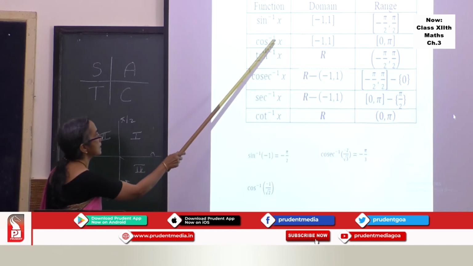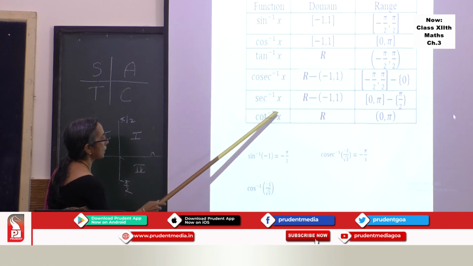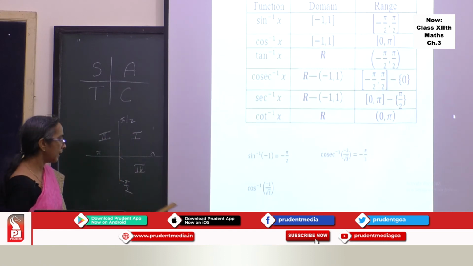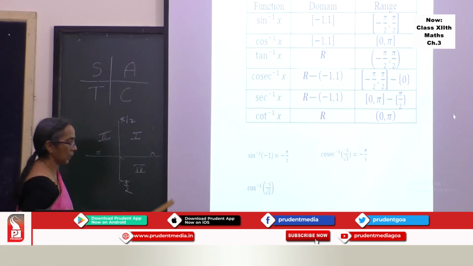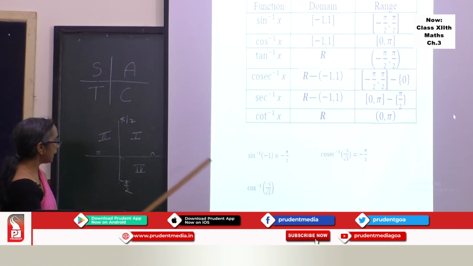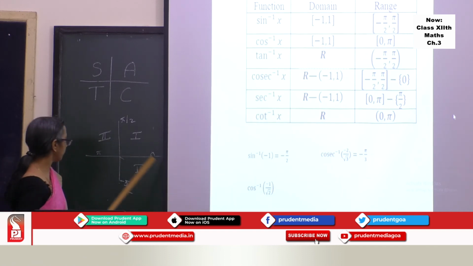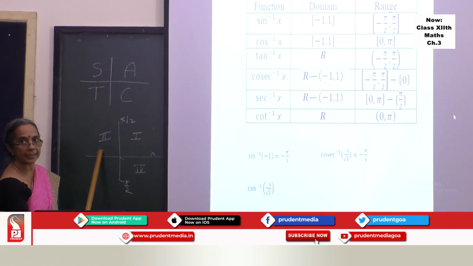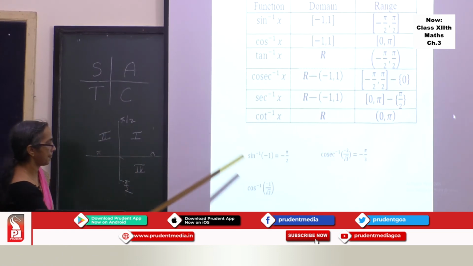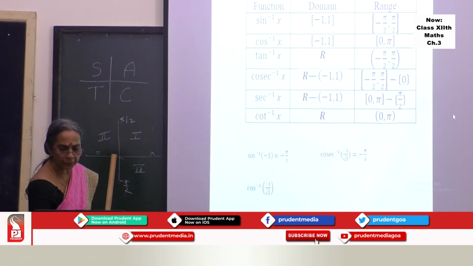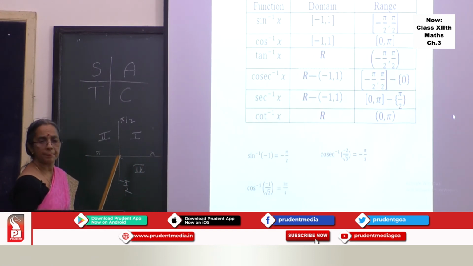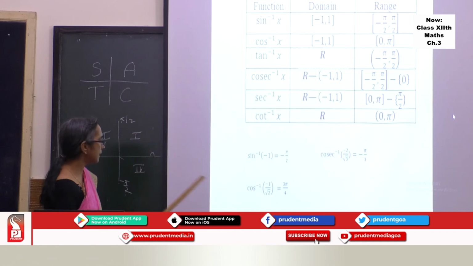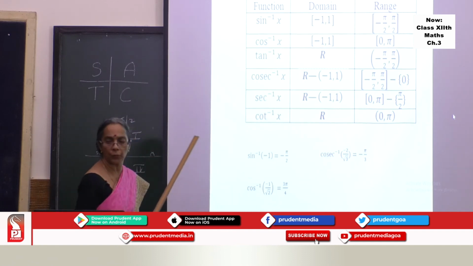Cos inverse, sec inverse, cot inverse: you have to be a little careful. It should be an angle in the second quadrant. So, it should be pi minus pi by 4, which is 3 pi by 4.